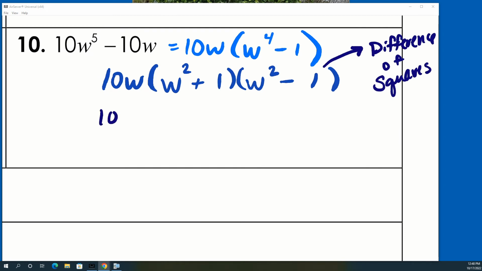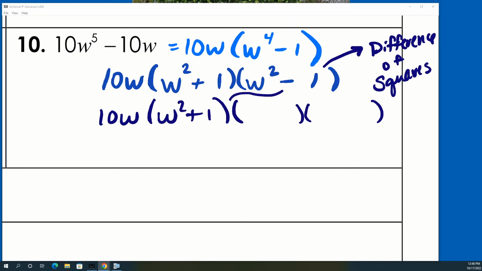So I'm still going to have my 10w and my w squared plus 1. But w squared minus 1, I can do it again. So I can find each square root and do one with a plus and one with a minus.